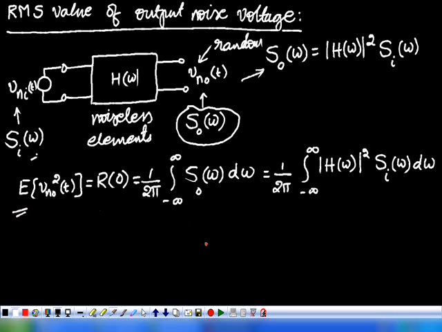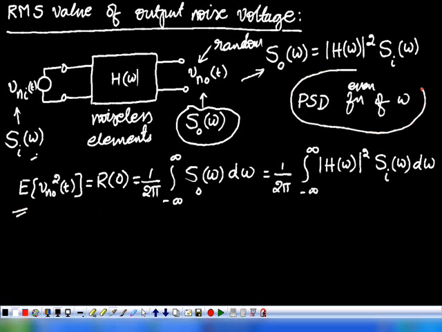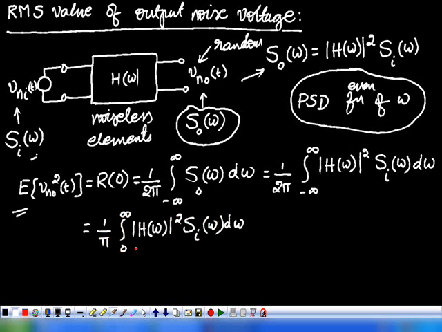But we already know that the power spectral density is the even function of omega. Therefore, we can write this as 1 by pi integral 0 to infinity mod H of omega whole square into Si of omega d omega.